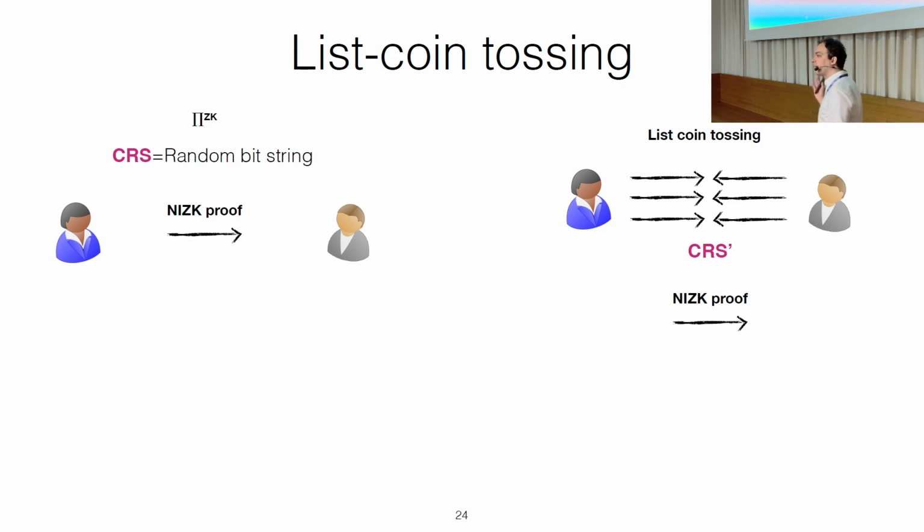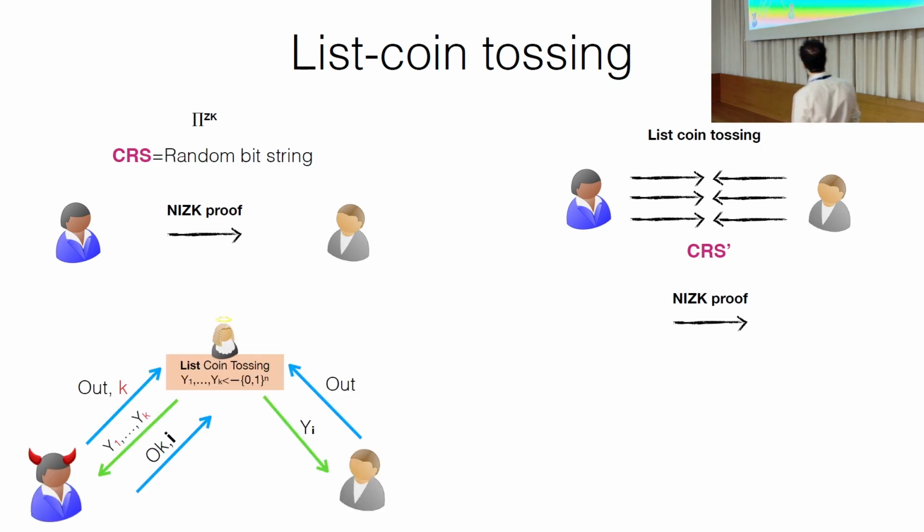And the point is that this thing is secure because, if you think about how the reduction would work, the reduction would be something like: CRS prime comes from your external challenger, and now you are trying to convince the adversary that, come on, let's output CRS prime. Okay? So CRS prime will be part of one of these many outputs that the adversary can pick.